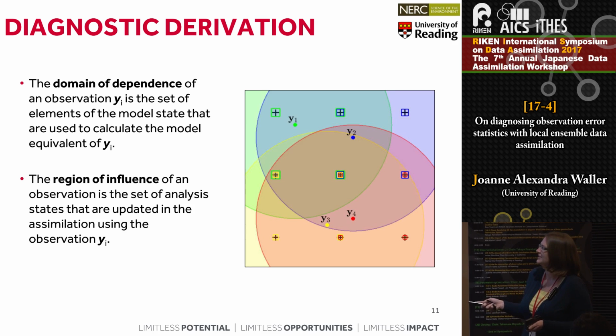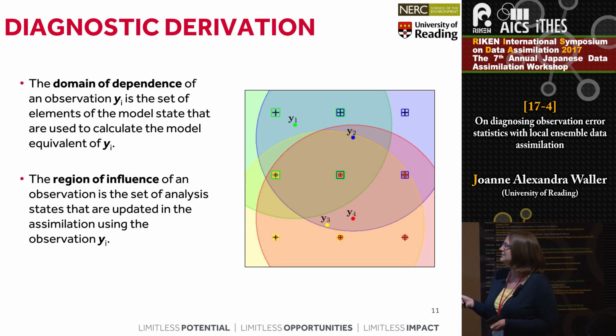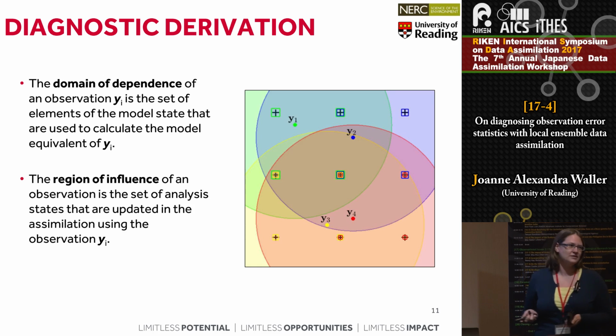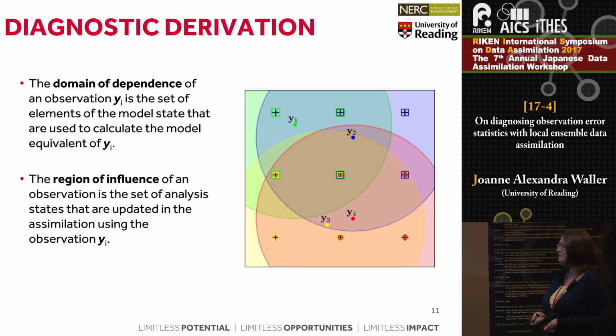Take this example, exactly the same as on the previous slide, but showing the observations. Say we have Y1, maybe it's just an average of the 4 closest points. Then the domain of dependence will be these 4 points. Similarly, if we take Y4, it would be these 4 model states. So that's one important thing to know.